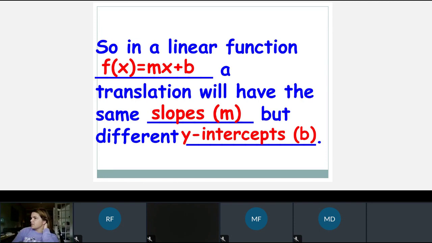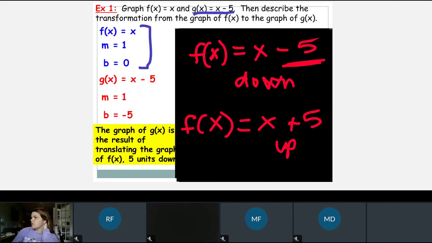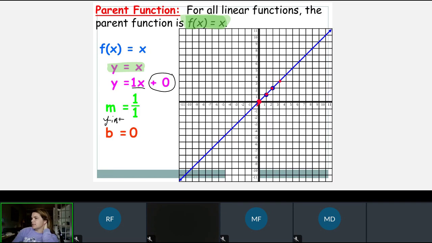Yes, I can go back to the very first slide or the one I was just writing on, like this one or this one. No problem, Adrina. The other one, oh, the parent function. Yes, this one?